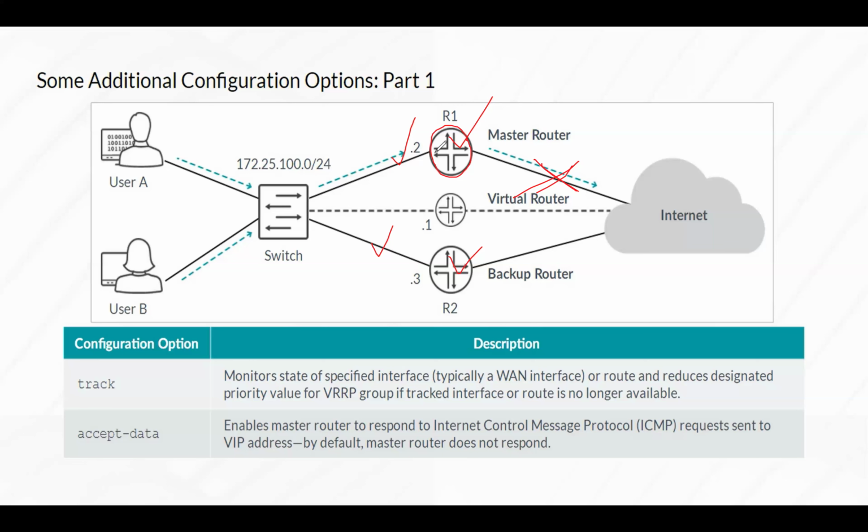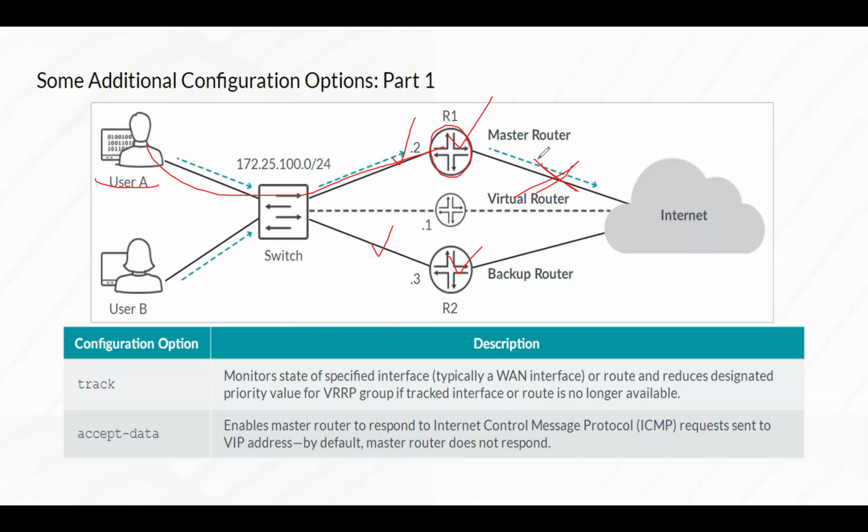Normally, we configure VRRP on the LAN side, not the WAN side. So router 1 will not detect that the WAN connectivity goes down, and user A or user B continuously sends traffic to router 1 because router 1 is the master router.